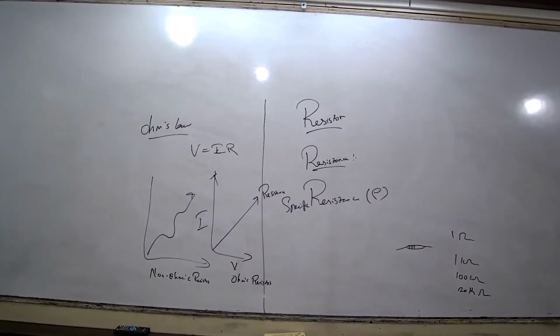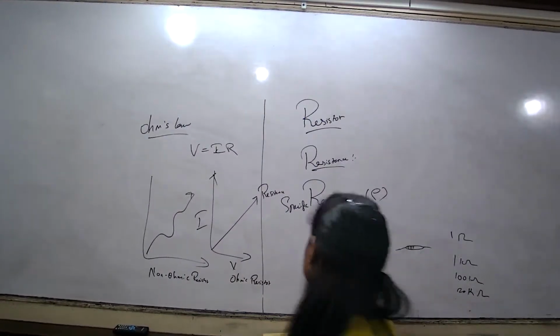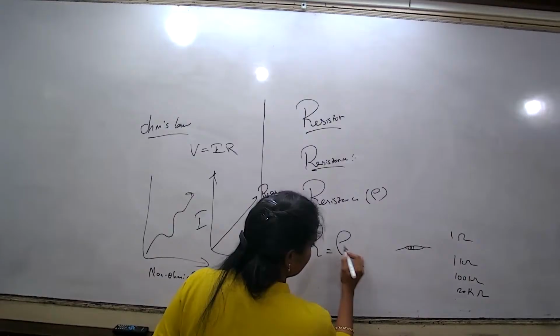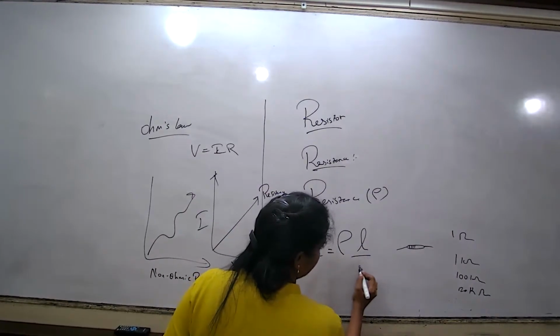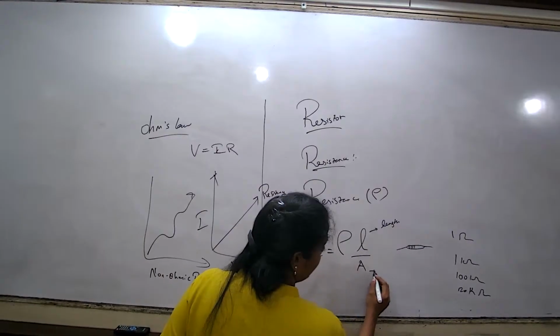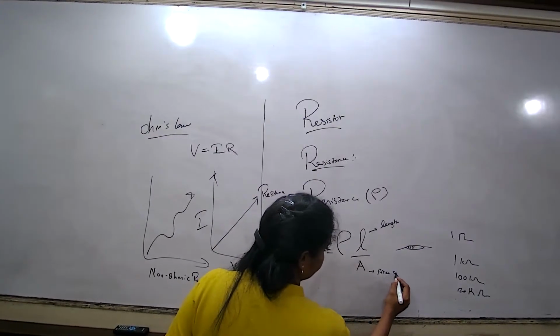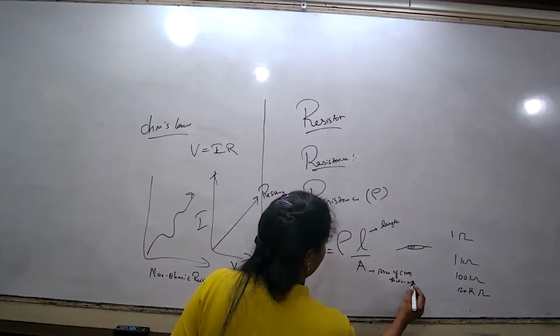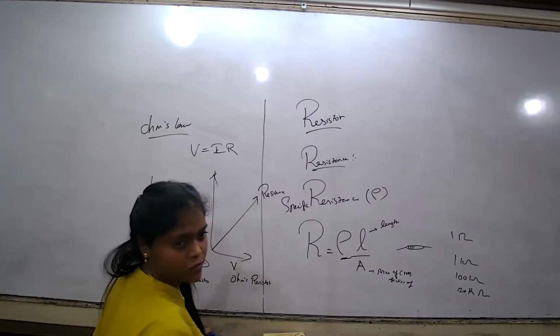Then, what are the factors affecting the resistance? Actually, that's a formula. Resistance is equal to specific resistance times the length of the conductor divided by the area of the cross section of the conductor. This is the specific resistance.